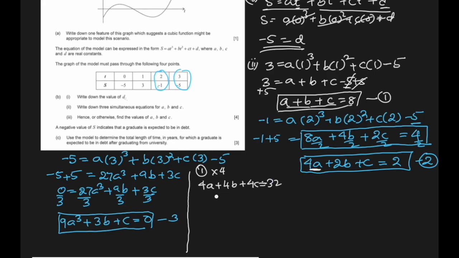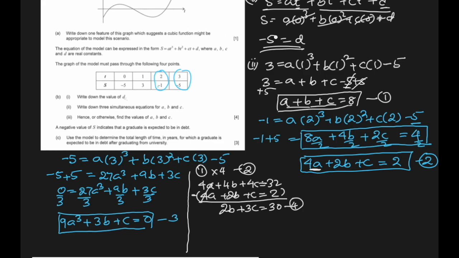And equation number 2, we'll subtract from it. So 4a plus 2b plus c equal to 2, we'll subtract it. 4a minus 4a is 0. 4b minus 2b is 2b. 4c minus c is 3c, equal to 30. This becomes equation number 4.